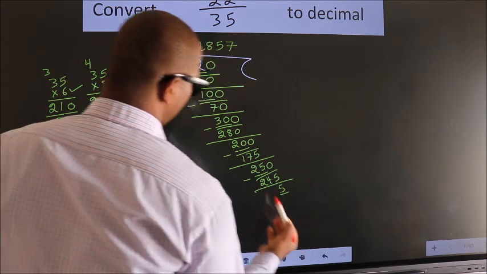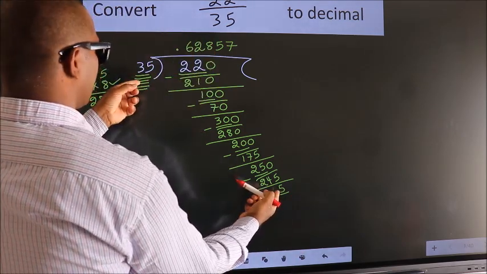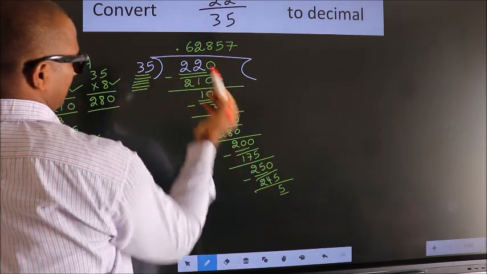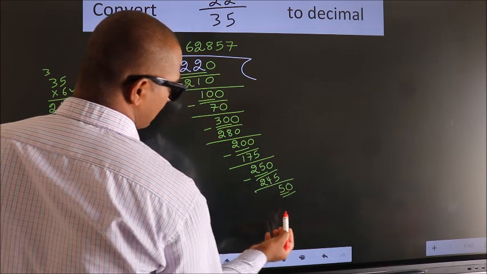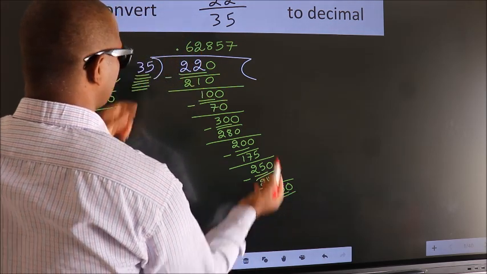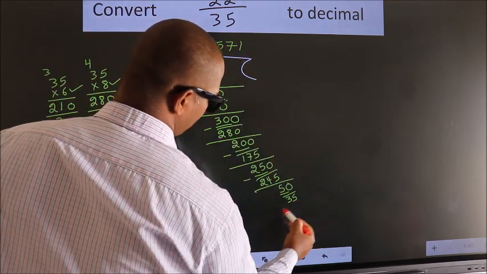Here we have 5, here 35. 5 is smaller than 35, and we already have the decimal, so we can directly take 0. So 50. A number close to 50 in the 35 table is 35 1s, 35.